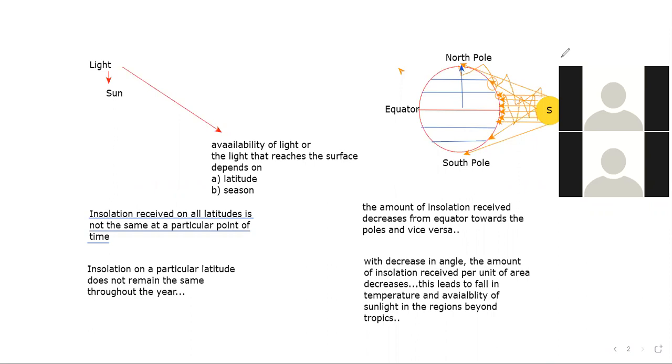So in these areas where the sun rays are slanting and the angle is small, the insolation received falls as compared to areas near the equator. This is the reason the amount of insolation decreases from the equator towards the poles, and hence the temperature decreases.